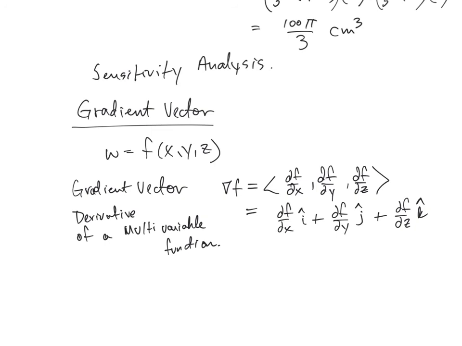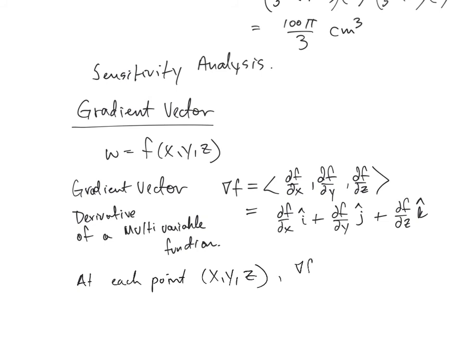Okay, so if I have some function of x, y, and z, and if you need a practical application, maybe w here refers to pressure. So maybe this function f tells me the pressure in three-dimensional space at a point x, y, z. Now I can say, at each point x, y, z, what does the gradient vector tell me?